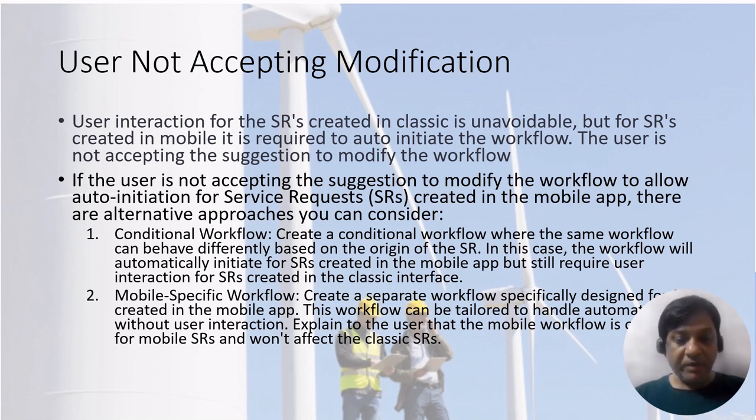Then you create the mobile specific workflow. You create a separate one which is designed for SRs created in the mobile app. Once this is tailored to handle things automatically without any user interaction, you explain to the user that it is the mobile workflow for mobile SRs and it won't affect the Classic SRs.